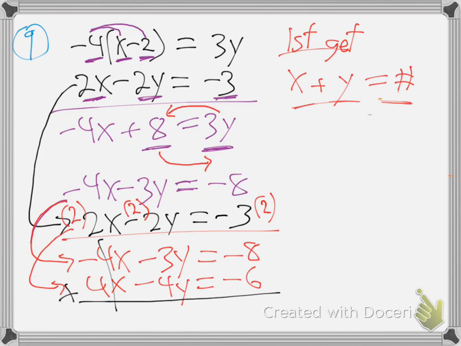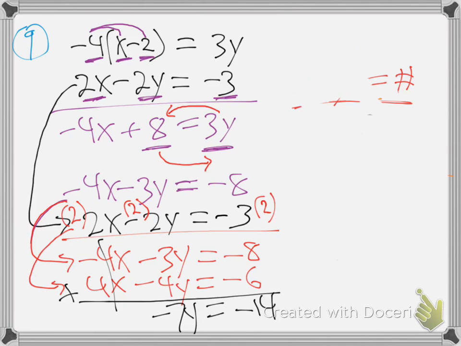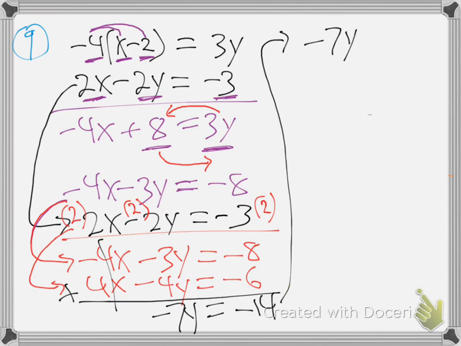And the x's cancel. We get minus 7y is minus 14. Right, minus 3y minus 4y is minus 7y. We good there? Makes minus 14. I'll bring it up here. So I've got minus 7y equals minus 14.